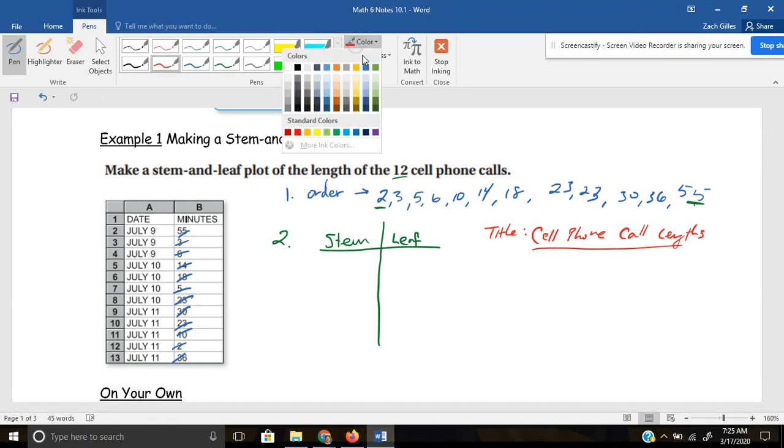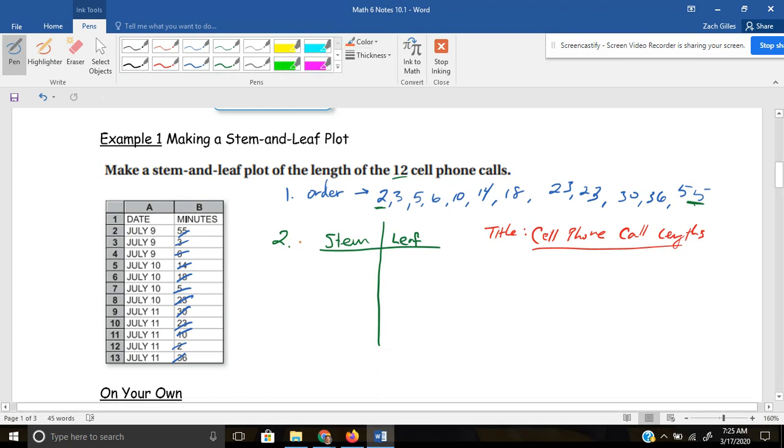Then I can start on my stem and leaf. For my other numbers, like 10, I would have 1 and 0 for my digits. For 2, my 2 would need to go over here because it only has one digit. So my first stem is actually 0, because 0, 2 still represents 2.